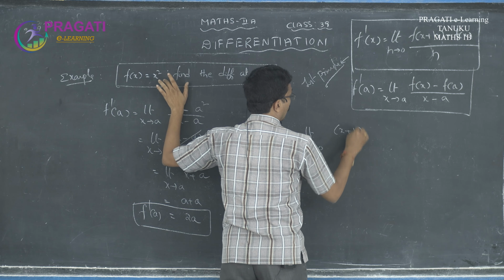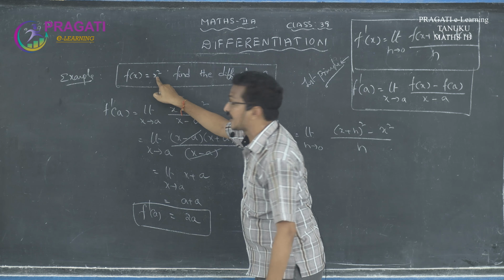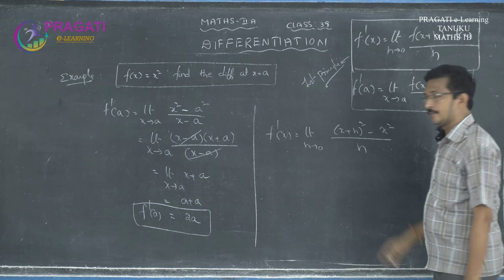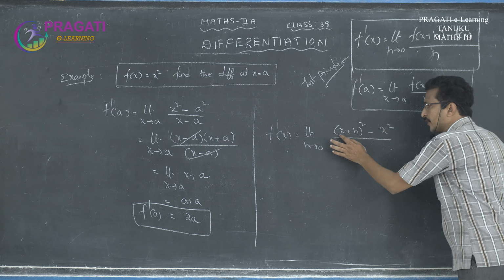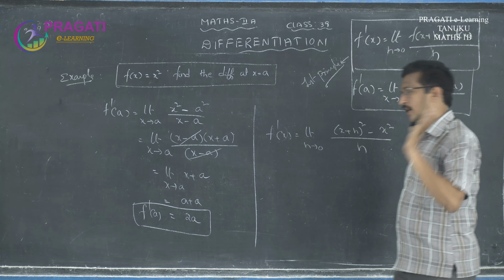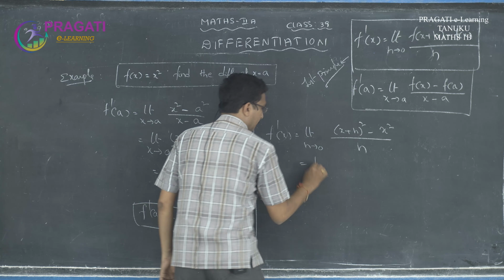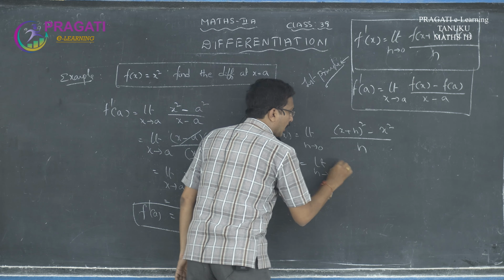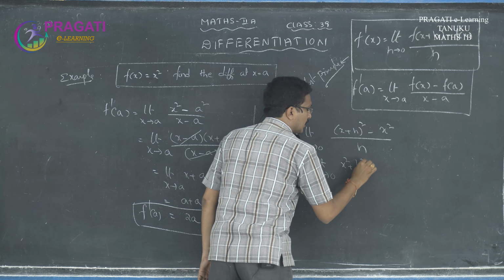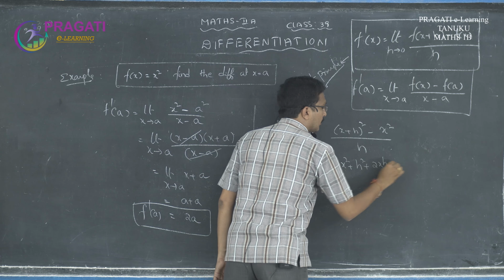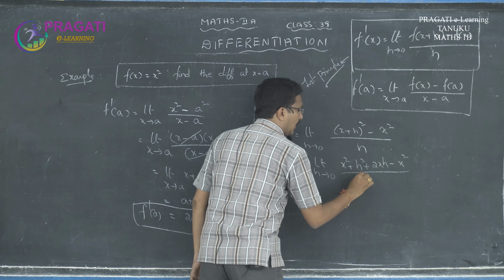Here f of x means x square, write it here. And f of x plus h means replace x by x plus h. Here (x plus h) whole square. Okay, it is of the form (a plus b) whole square. What is the formula? a square plus b square plus 2ab, minus x square, by h.